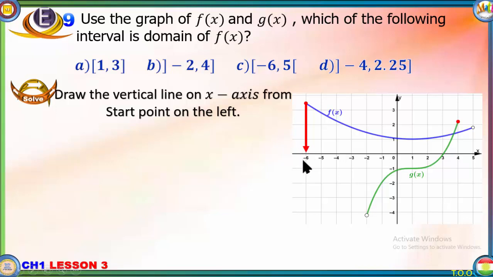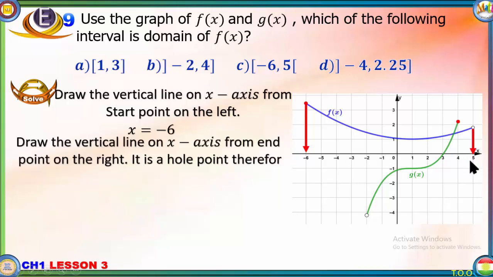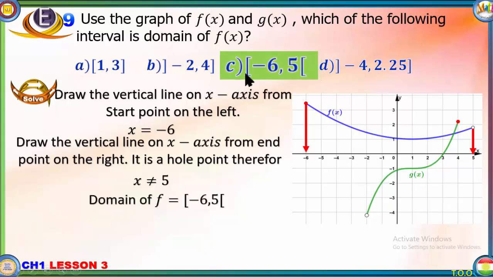The value of x here is minus 6. Then draw another vertical line from the last point on the right and read the value of x. As you can see, x is 5, but because we have a hollow point, 5 is not in the domain. Then the domain starts from minus 6 to 5, but 5 is open. The correct answer is C.